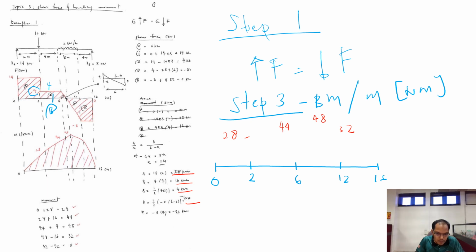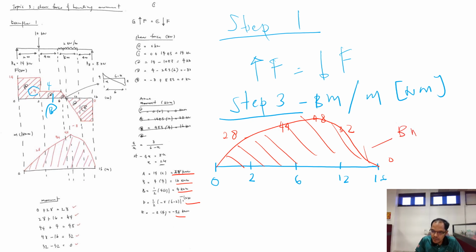And then 32 minus 32, you end up with 0 here. So more or less you're going to plot it somewhere like this, something like that. If you want to hatch it, you are very much allowed to hatch it. So here is the bending moment diagram.